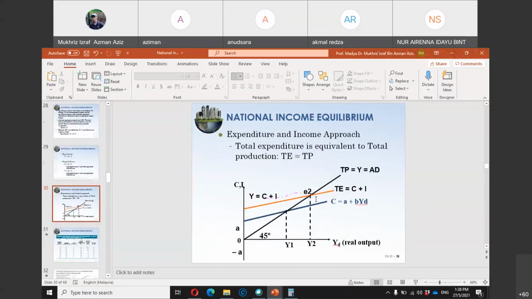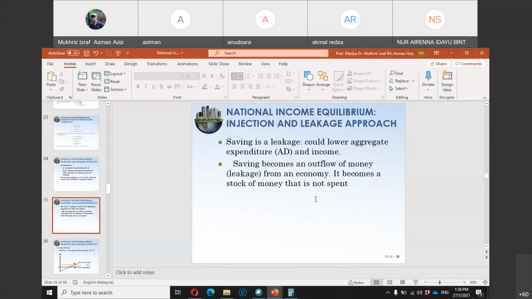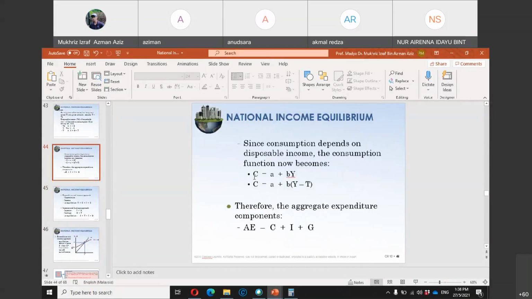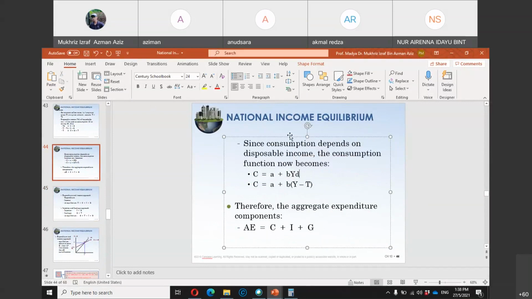In a three-sector economy, C equals A plus BY, but when you include tax into the equation, this becomes YD. YD is basically Y minus tax. So if you are given a question where you have the amount of tax, you need to plug in the value of tax, because Y is no longer Y but becomes YD.